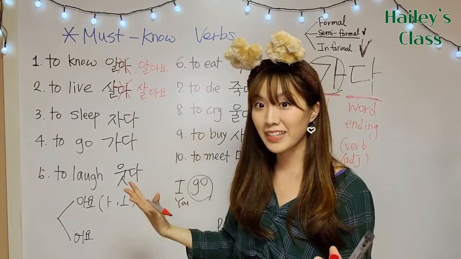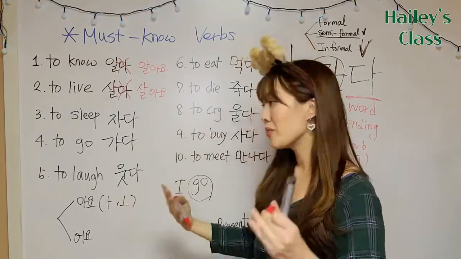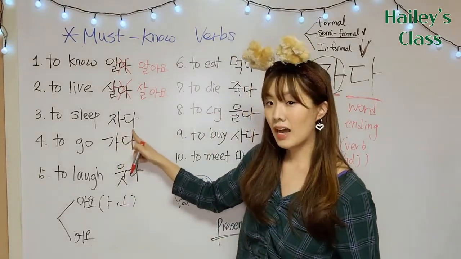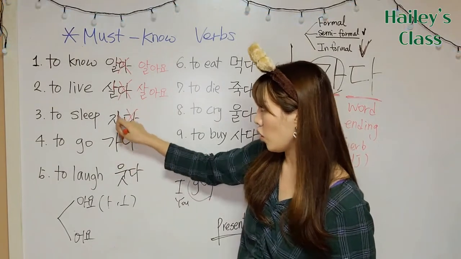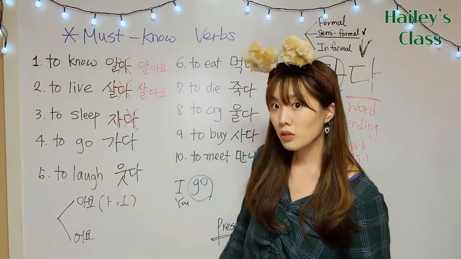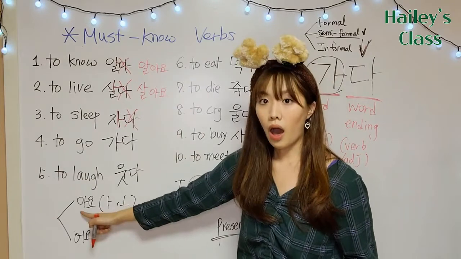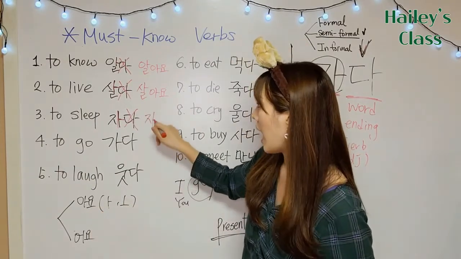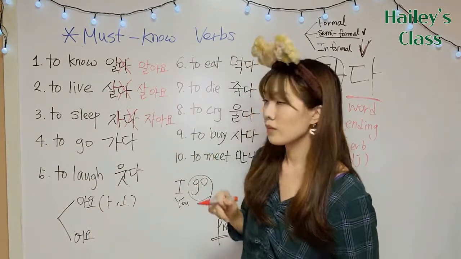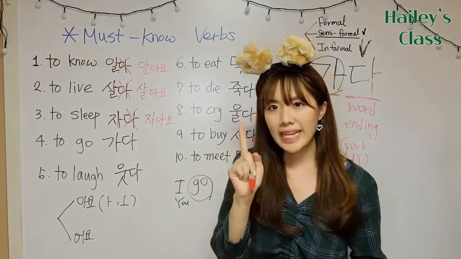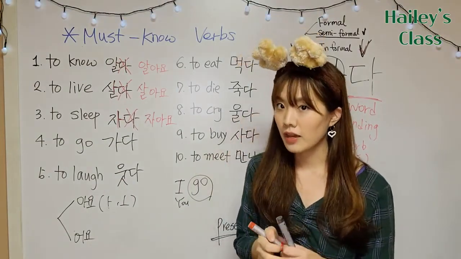Good, you're doing great. Let's do a little bit more, okay? And 자다. Let's delete 다, and it ends with 아. So 아요, 자아요. Got it? But here, I have to say something.